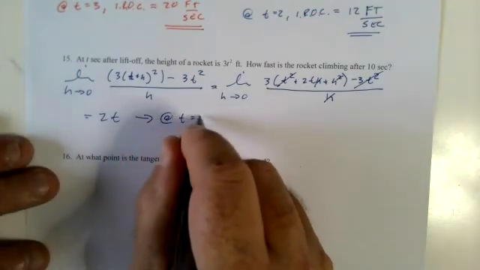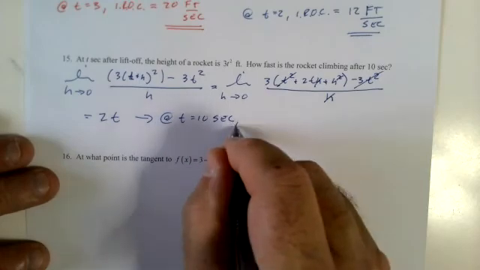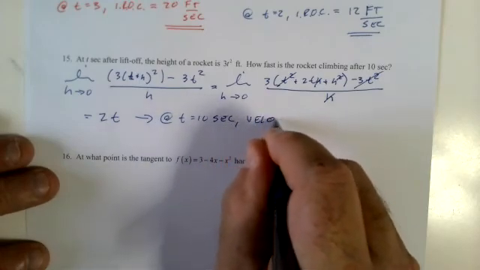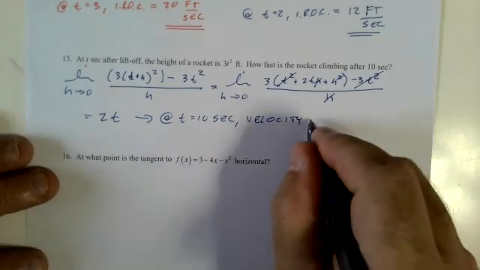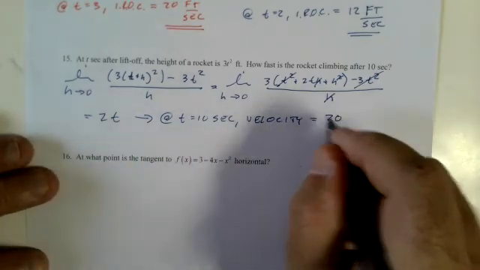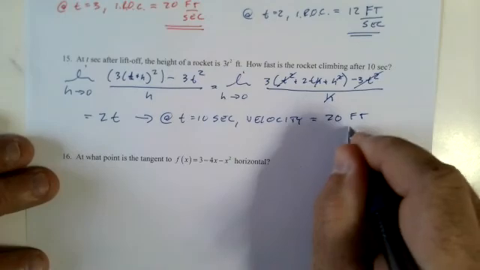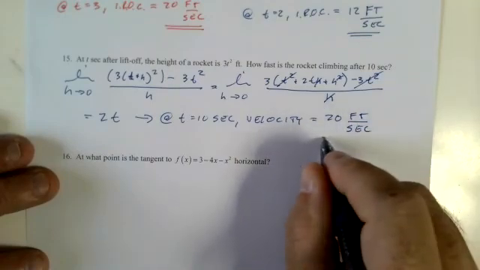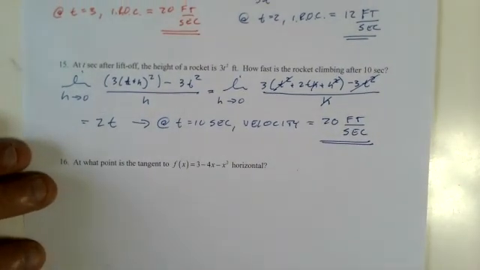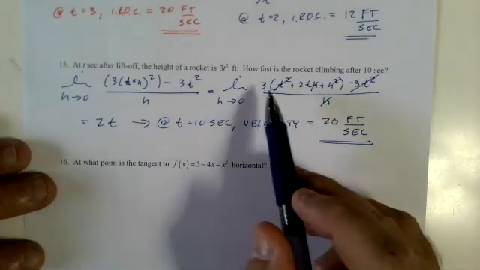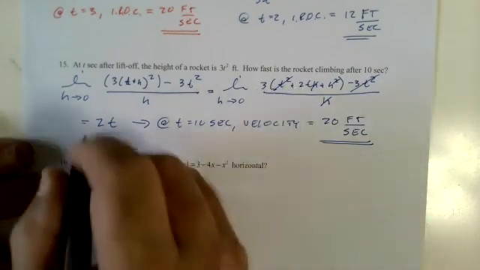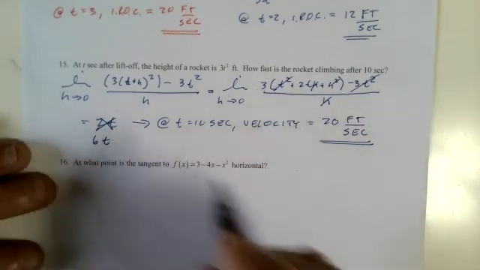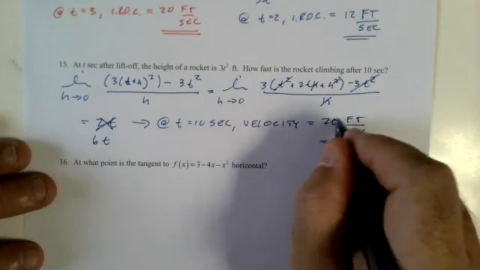And t equals 10 seconds. The velocity, that's actually kind of a big jump going from IROC to velocity, equals 20 feet per second. Forgot my 3 here. Oh, that's upsetting. 3 times 2 is 6t. It would be 60.